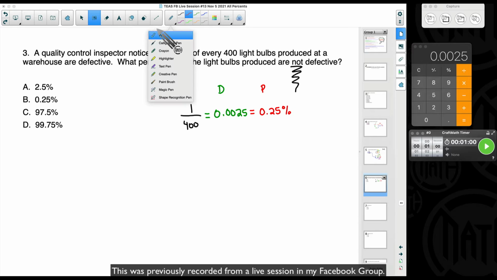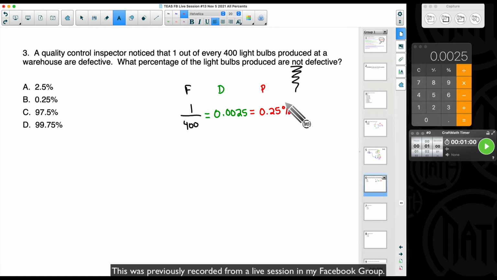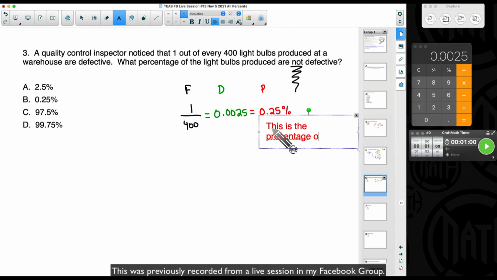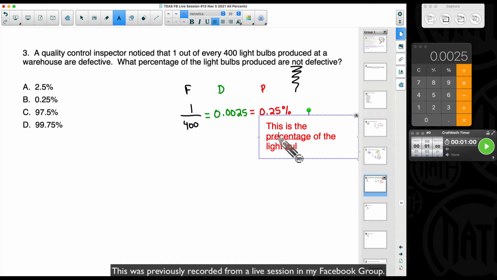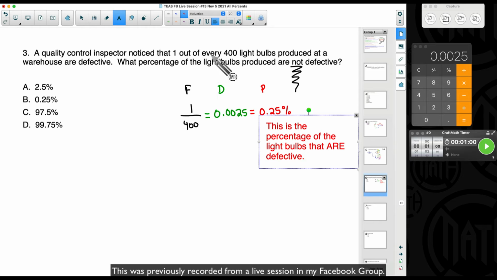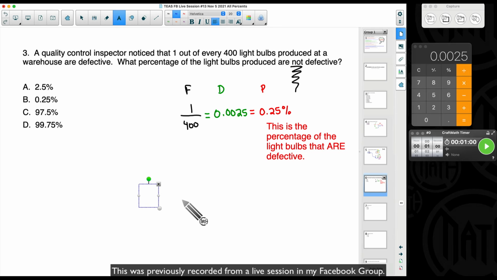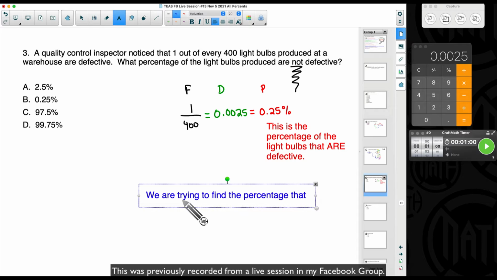Now, this is the kicker though. This is the percentage of the light bulbs that are defective. However, we are trying to find, put this in the notes, and by the way, all of these notes are going to get shared in the group, we are trying to find the percentage that are not defective.